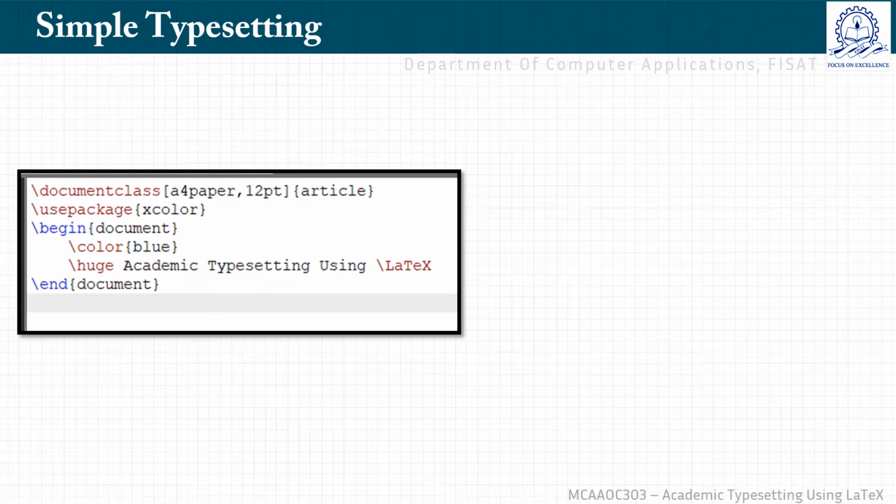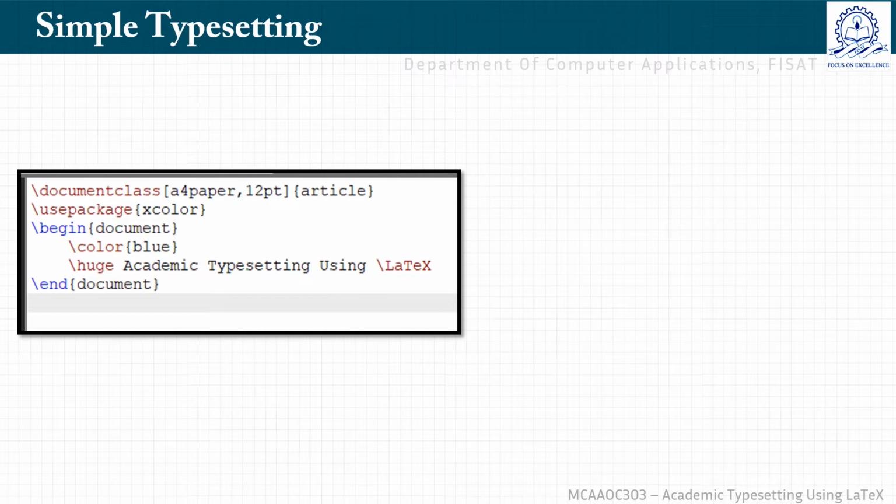Every text file begins with the document class. We have already learned that. This is the first statement in any .tex file. And the document class consists of an optional part and a mandatory part. We will explore this in the coming episode.